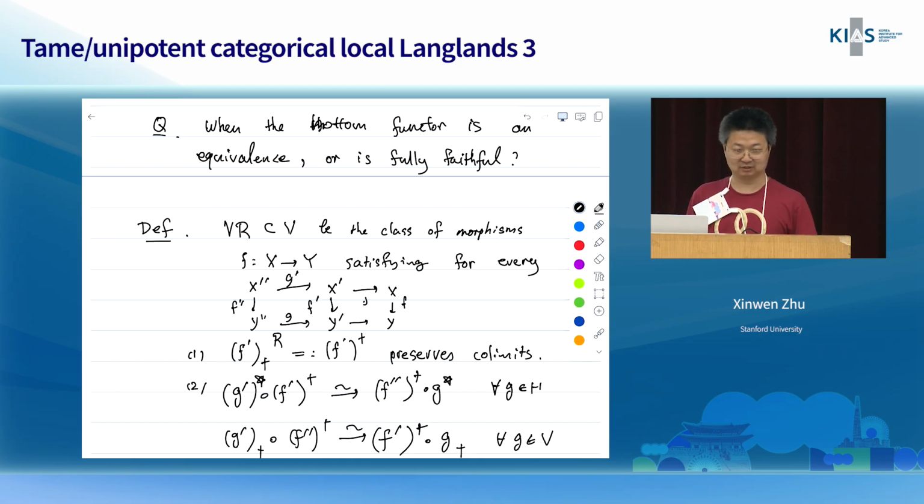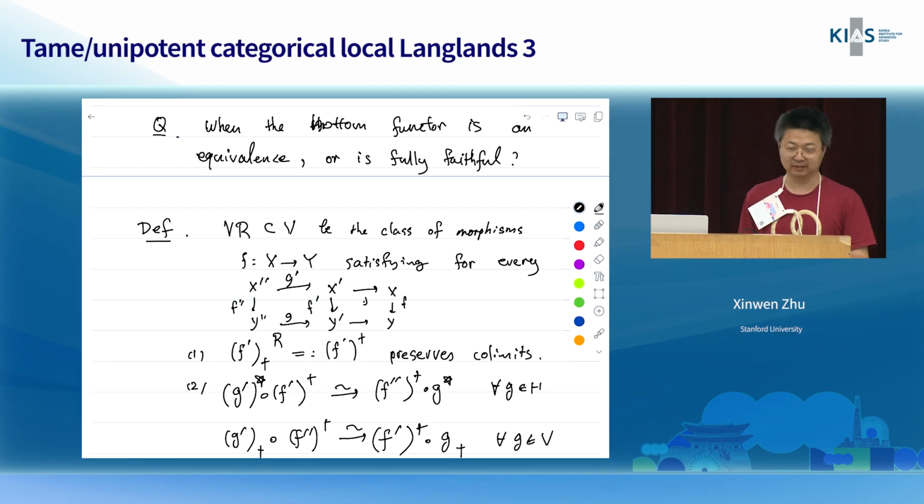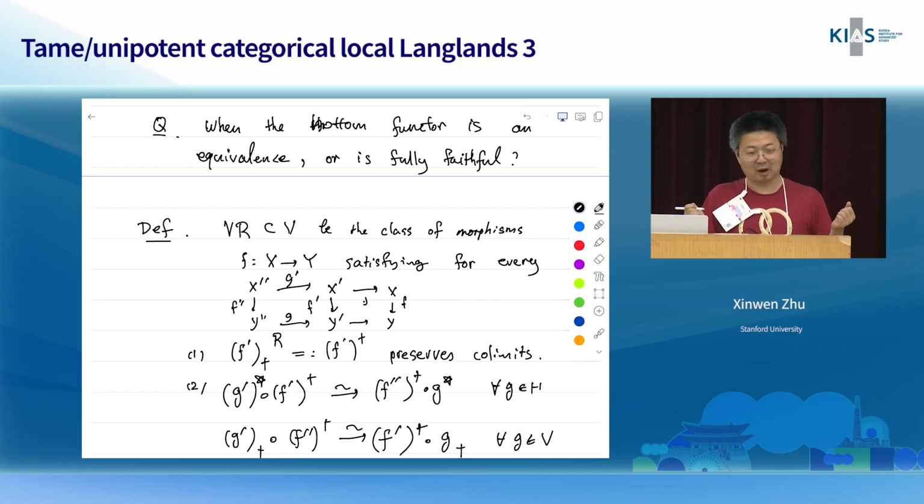Is that more like smooth? No, this is push forward, the upper dagger being upper shriek. Dagger is like a lower shriek, but upper dagger then is like upper shriek. Oh, so it's a little bit like smooth.